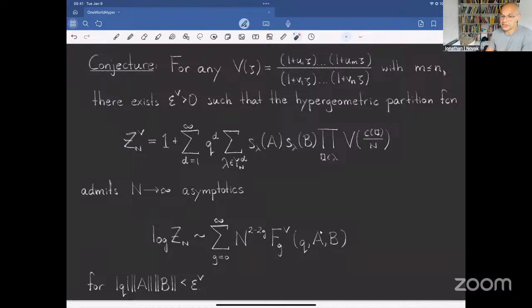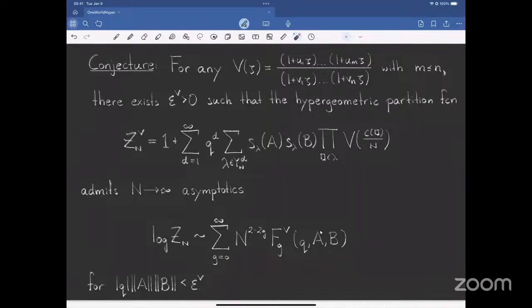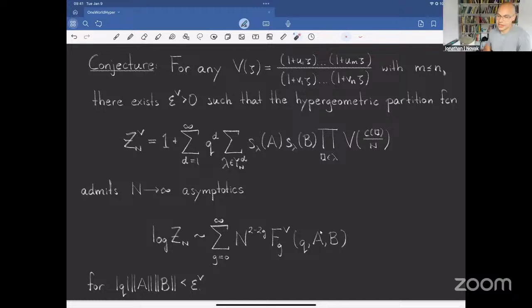So in that sense, it's already happening in several complex variables. Is that the spirit of your question? Yes, sure.